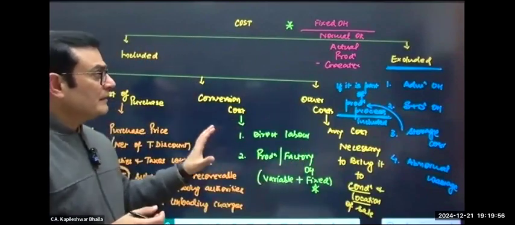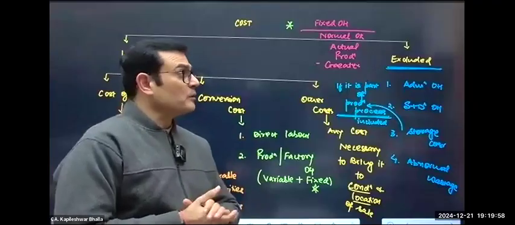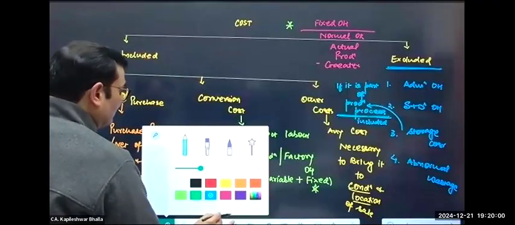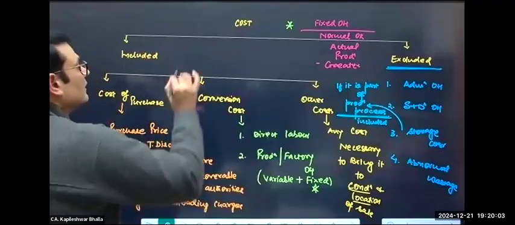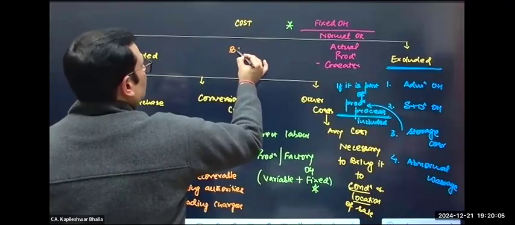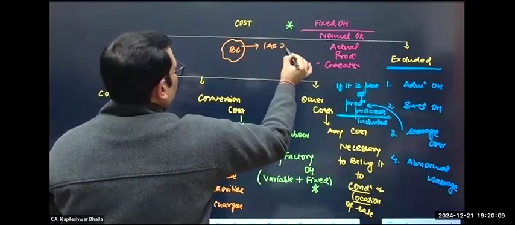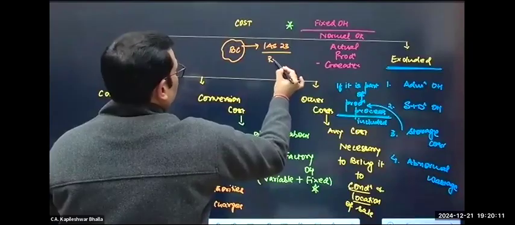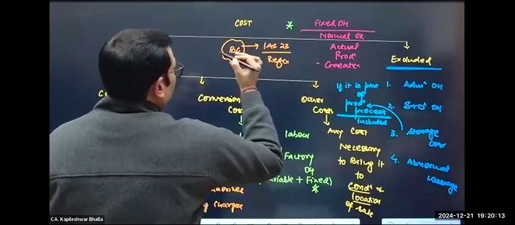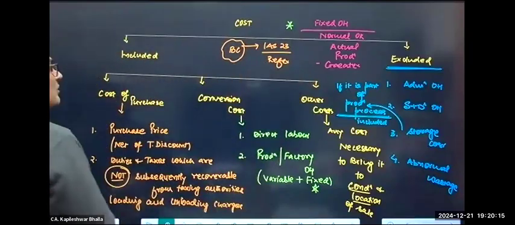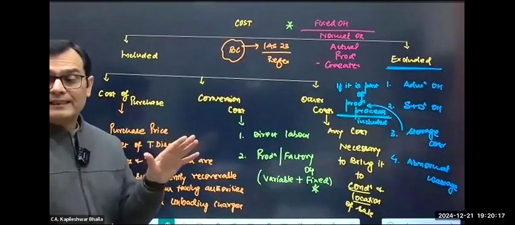So whether interest is a part of inventory depends upon IAS 23. If you're looking at the concept of borrowing cost, we'll refer to IAS 23 to understand whether the interest, the borrowing cost, is taken or not. We'll see that later.